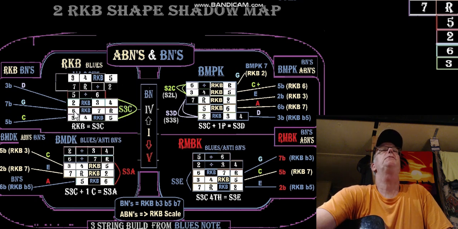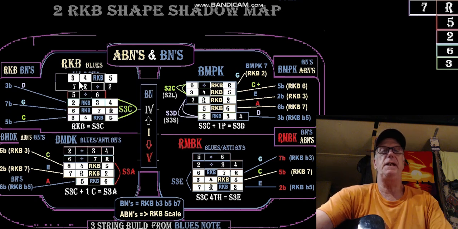If we move this pattern up, then we are looking at the equivalent of the E shape over here. We're starting here, but the tuning third happens in a different place.